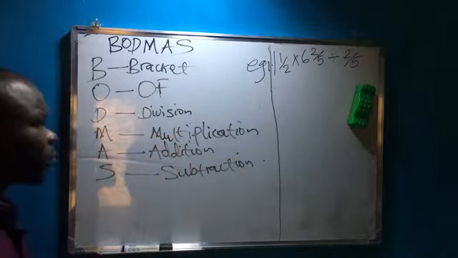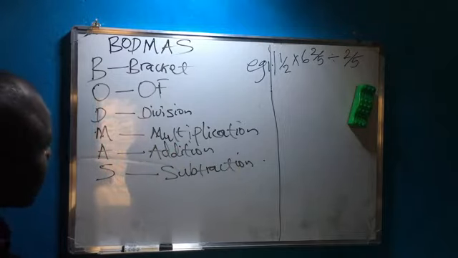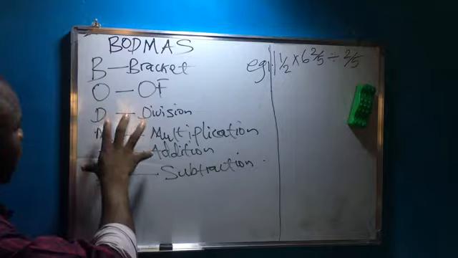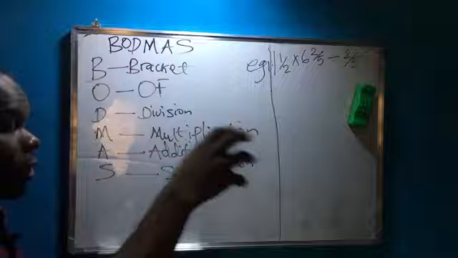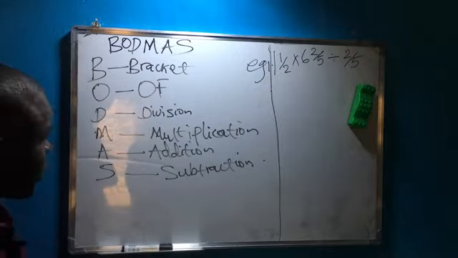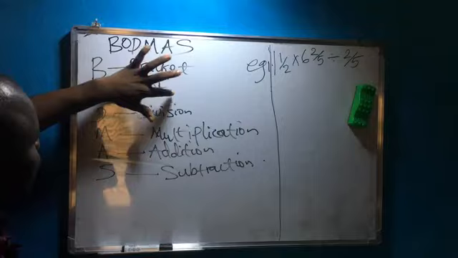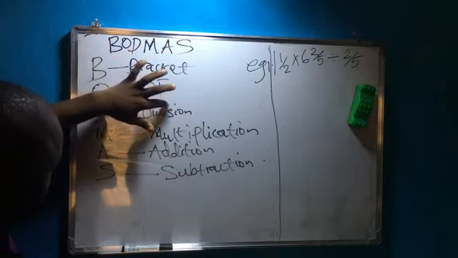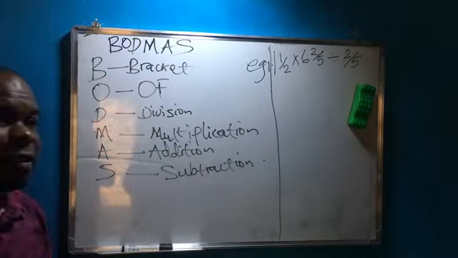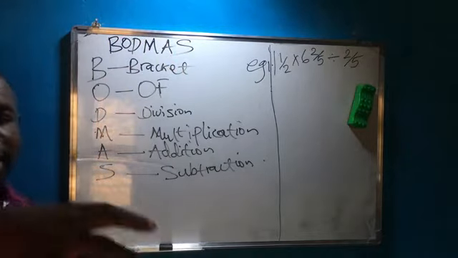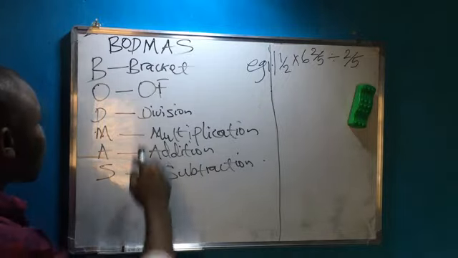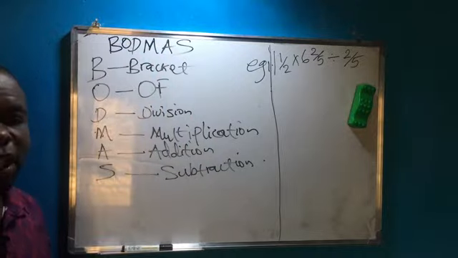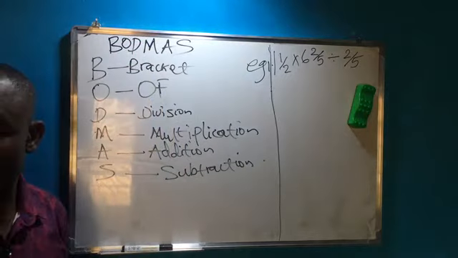So now, take for instance, if you are given something like 3 of 4 times 6. In that case, now you should consider this of first. Or if you are given, let me just say 3 times 8 of 4, then you should consider that of first before the times, irrespective of the position of that of.